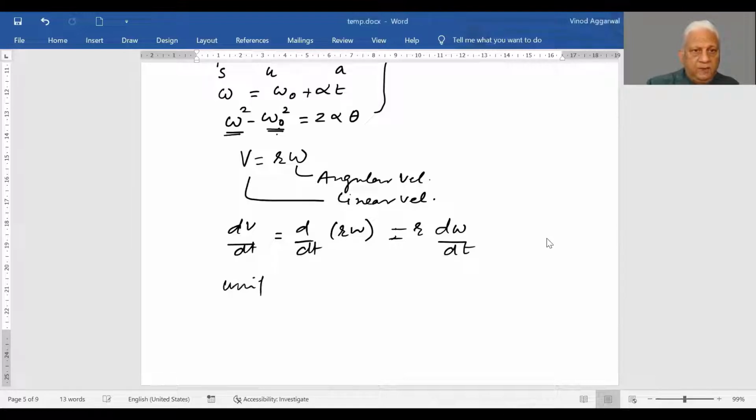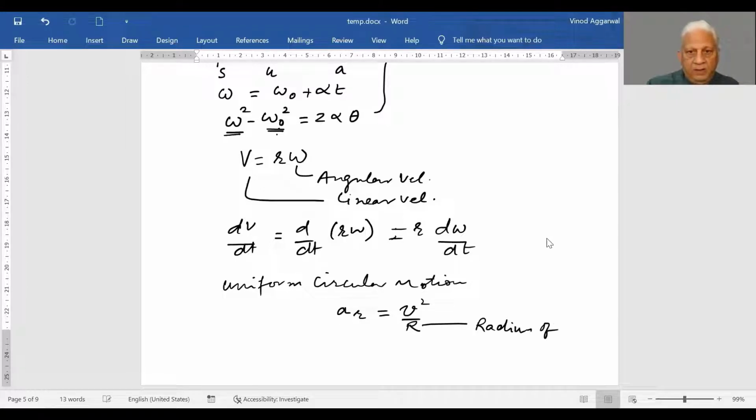In case of uniform circular motion, radial acceleration is equal to v square by r, where r is the radius of the circular path and v is the linear velocity.